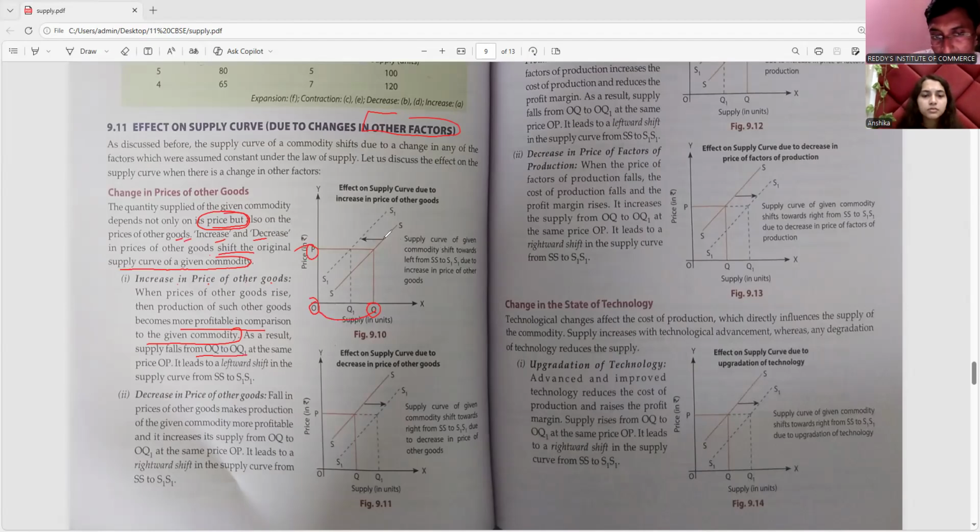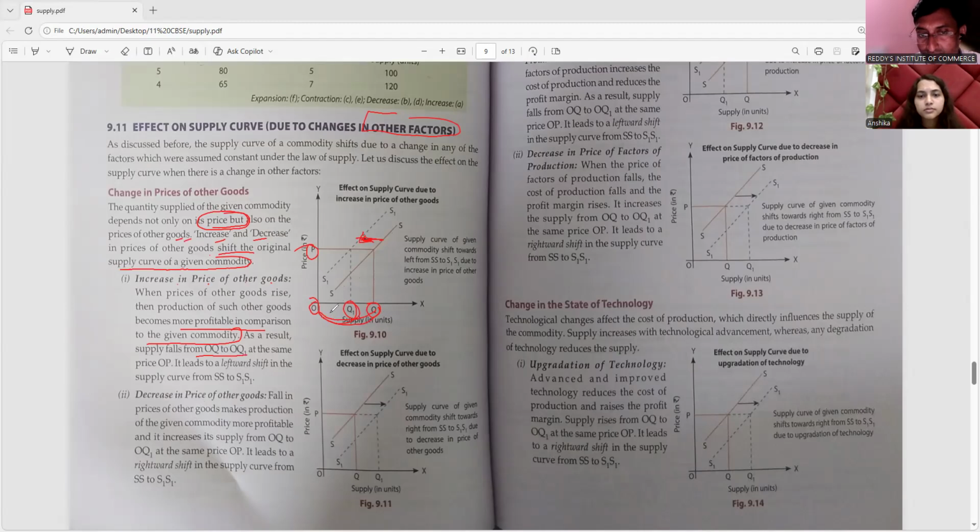So your supply will be decreased. It moves from OQ to OQ1, because of the change in the price of other goods. That is why your supply decreased. It moves to the leftward side.